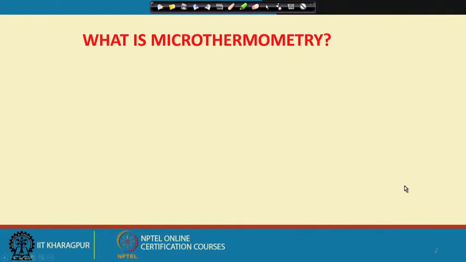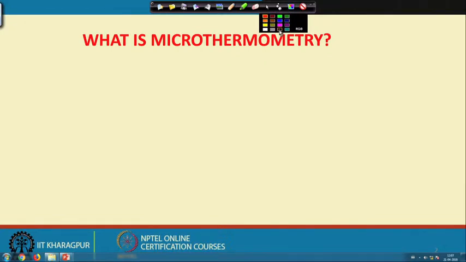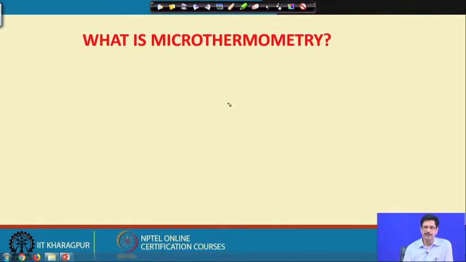So, let us first try to understand what is actually microthermometry. What do you understand by microthermometry? Microthermometry is essentially that we see the inclusions under the microscope, and primarily we are interested in their thermal characteristics, that means the temperature.